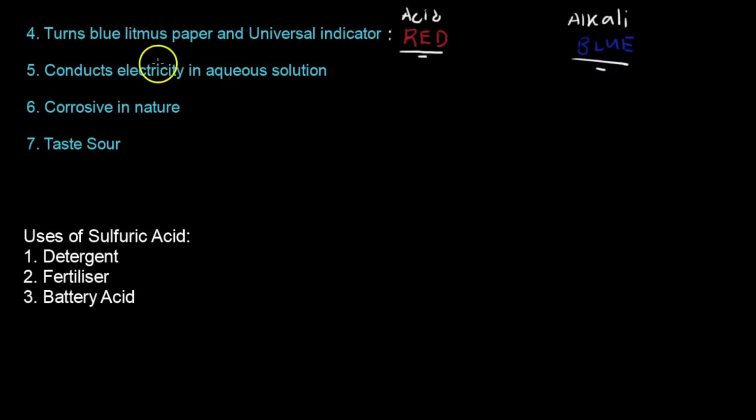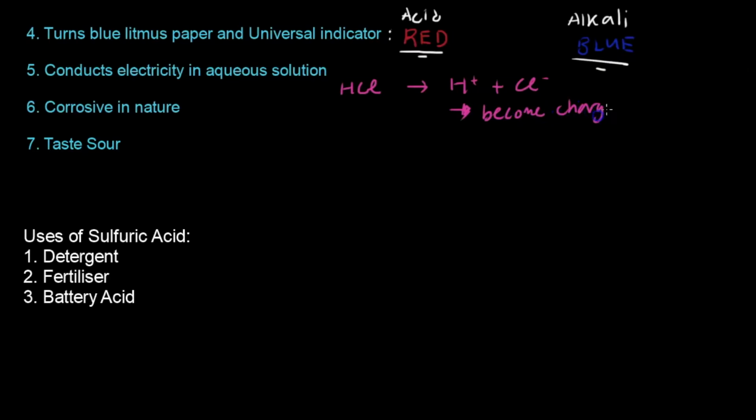Next one, acid conducts electricity in aqueous solution. That's because in the case of, for example, HCl, it forms this. In our previous video, we talked about this. HCl will break into H plus and Cl minus, and all these individual ions now become charge carriers.